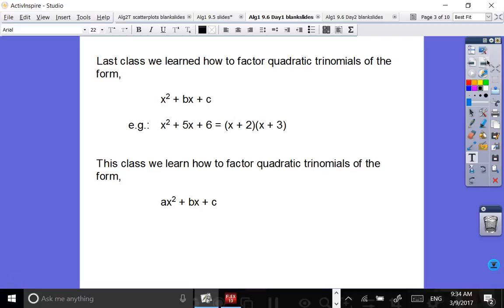If you didn't find the last one difficult, you'll probably find this one difficult. But it's doable. We good?